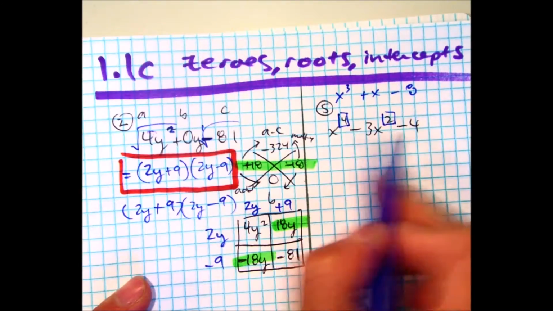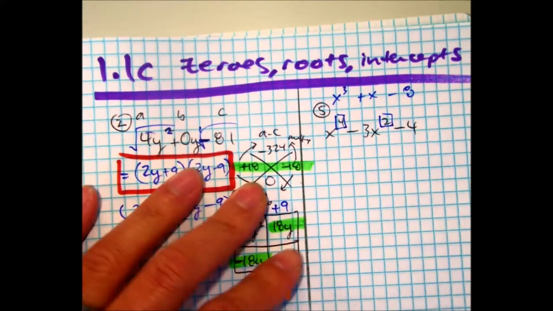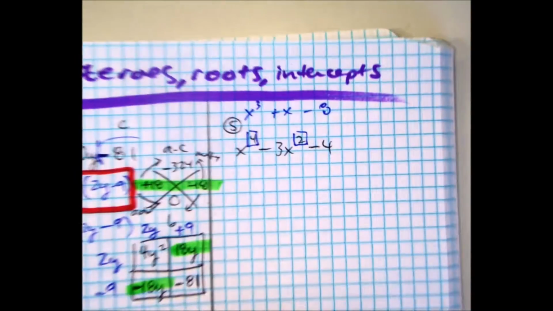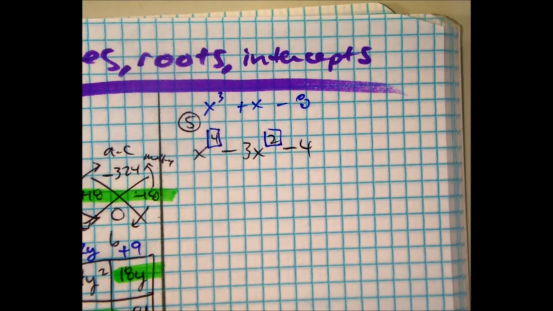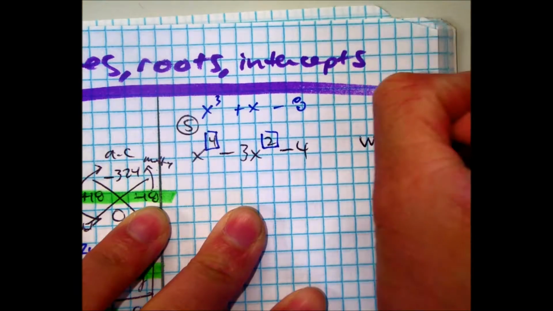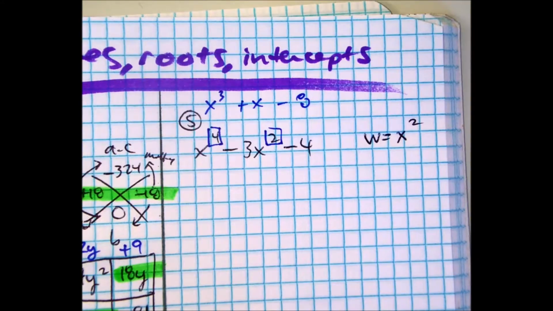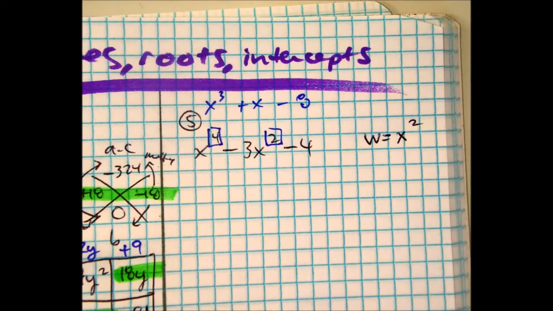So over here, we can do this. Now, there's a couple of things you can do. You can do a substitution. Everyone say substitution. So they say that math problems get so crazy in calculus that you have to do a substitution. I can say w equals x squared. Okay, so we're going to use the substitution.